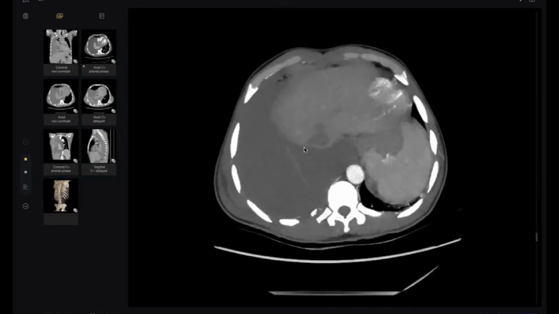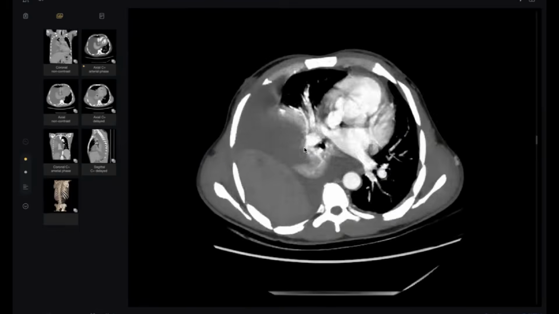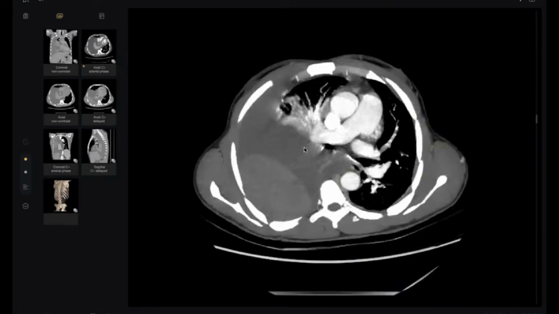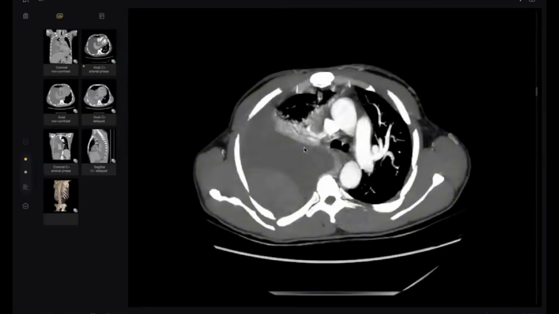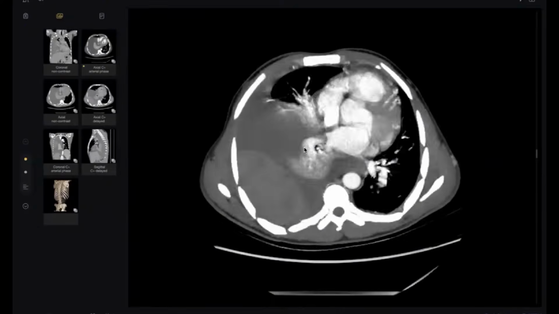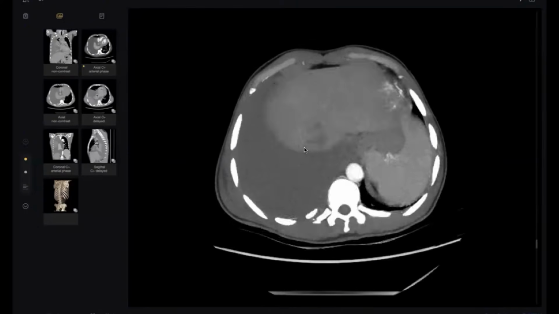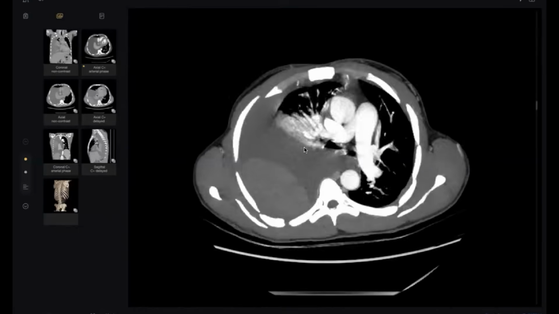Yes, because I can see that the right lung is almost totally collapsed, and the patient may have respiratory symptoms. So I will suggest a drain for the large associated pleural effusion. However, I will suggest to put the drain away from the hematoma. The hematoma, I think, needs surgical consultation.